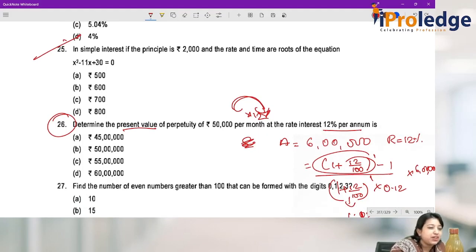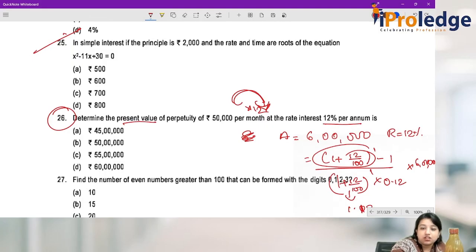No, I took 6 lakh per annum, and the rate of interest is 12% per annum, so it is option B. Instead of 1% per month, I multiplied 50,000 per month by 12 and took 6 lakh per annum, plus rate of interest 12%. Option B. Let me check once and tell you.